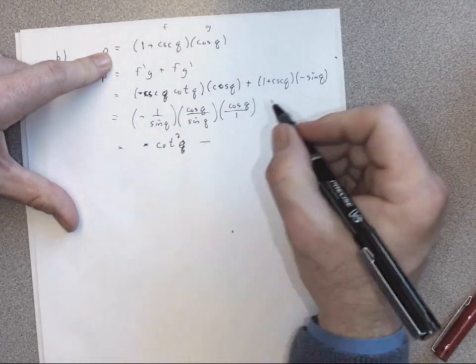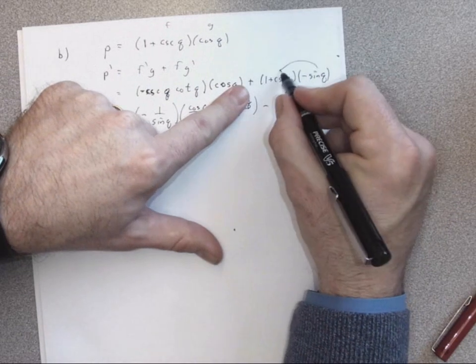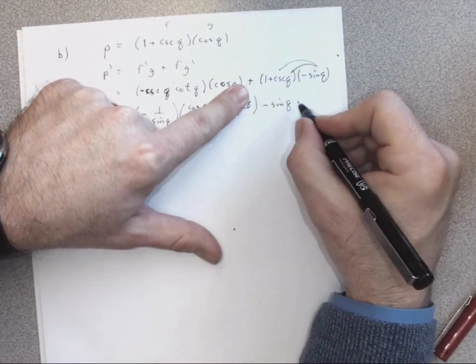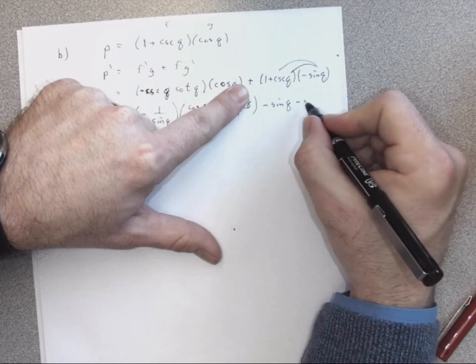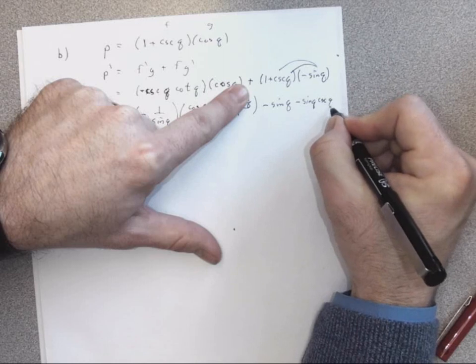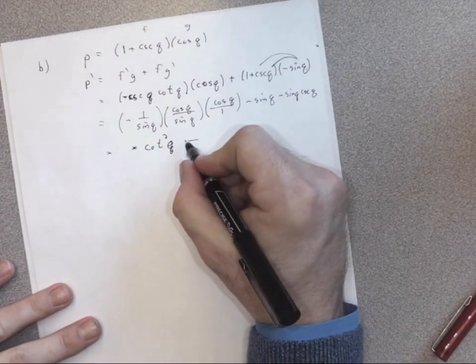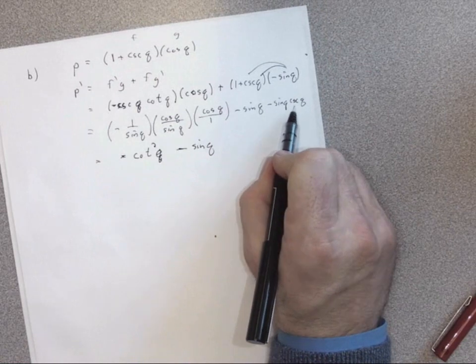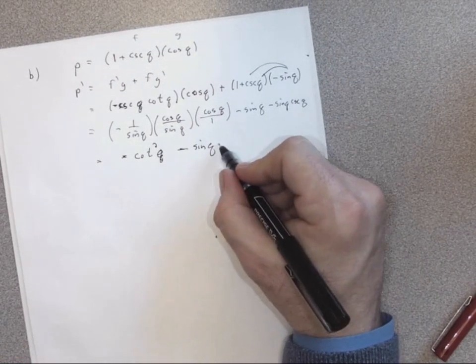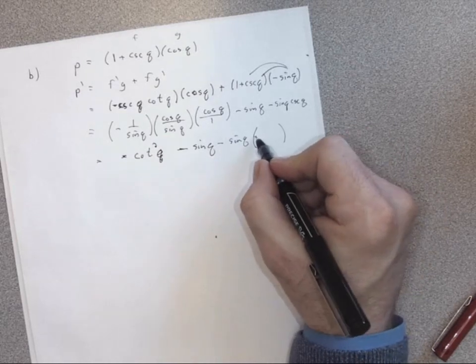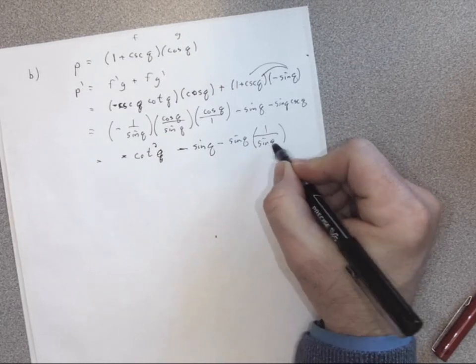And then over here, finishing this off, this times this is minus the sine of q. And then this times this is going to be minus the sine of q times the cosecant of q. Now, the cosecant is 1 over the sine of q.